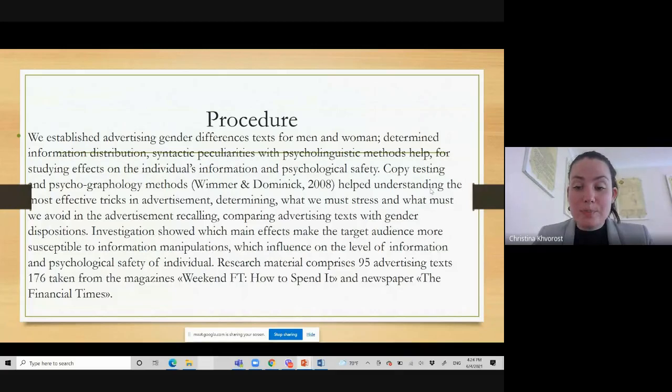So the first part of the research material comprises 95 advertising texts and 176 texts taken from magazines, Weekend FT, How to Spend It, and the newspaper The Financial Times.